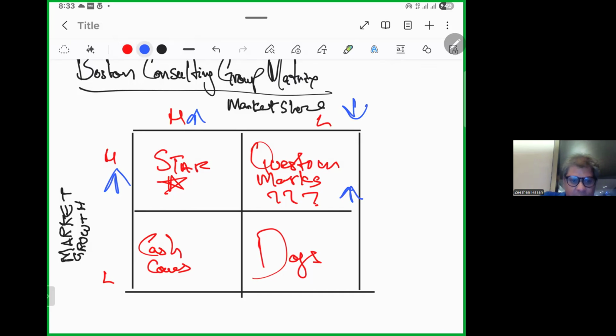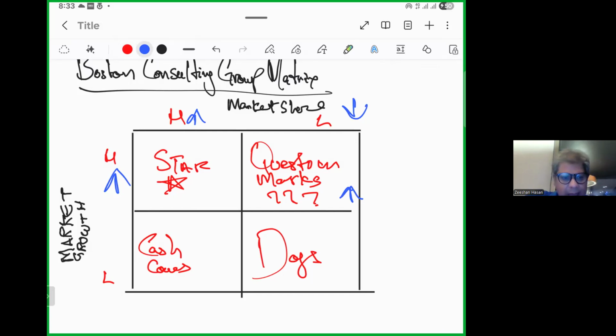In order to move a question mark into a star product, management may need to invest large amounts to develop and advertise the product. This may be risky as success cannot be assured. Many question mark products remain as such while others become tomorrow's dogs.